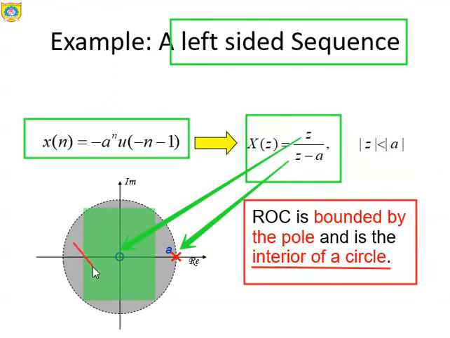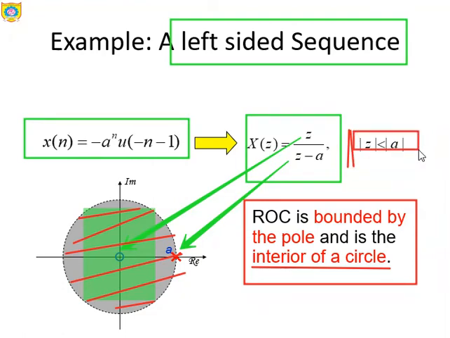So if we shade it like this, the entire shaded portion is the ROC of a left sided sequence or the given z transform, when mod z is less than mod a.